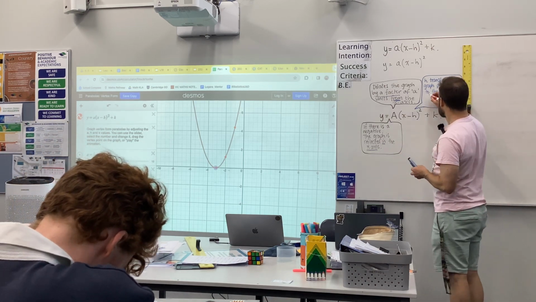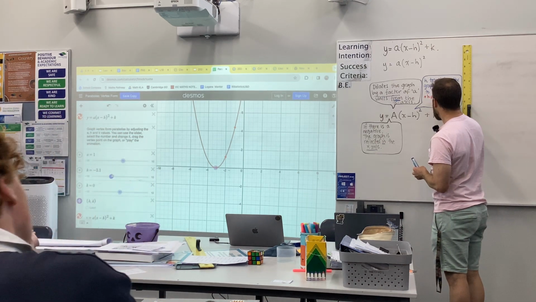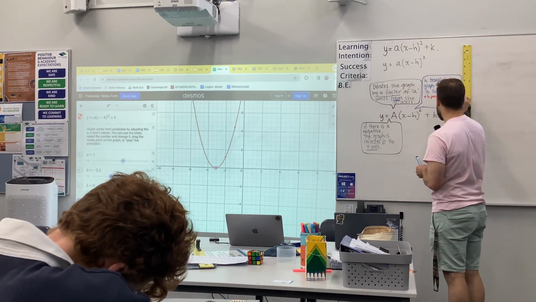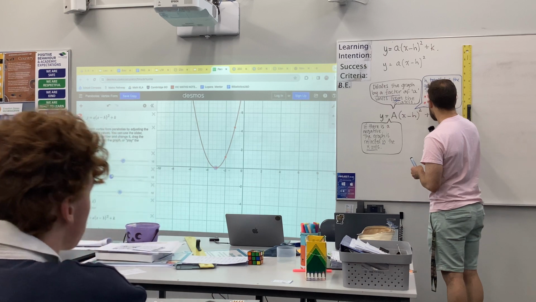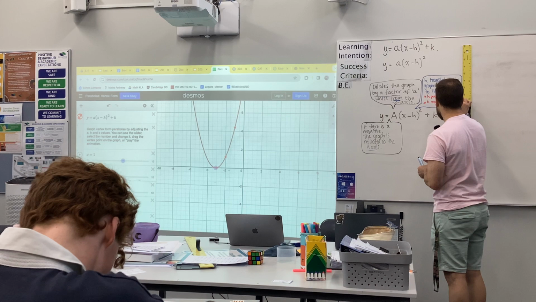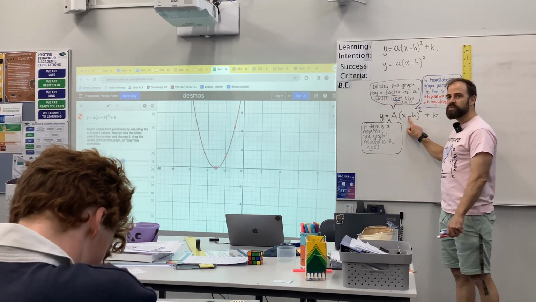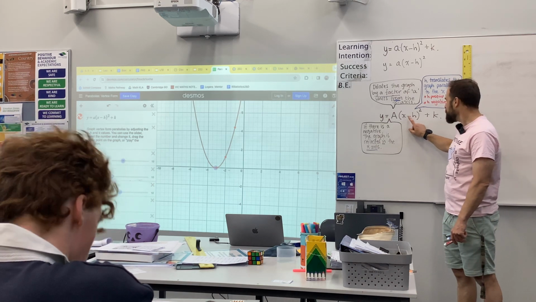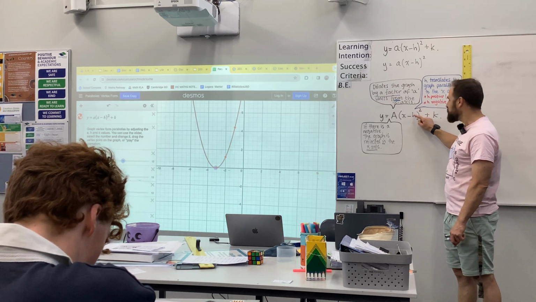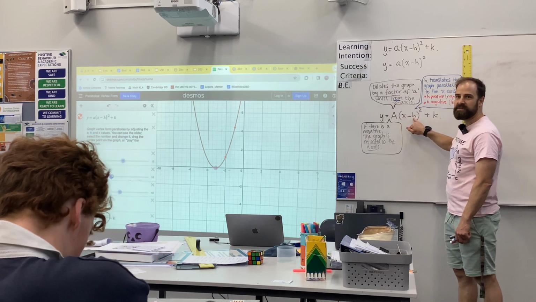If h is positive, which way did it go? To the right. If h was negative, which way did it go? It absolutely does go to the left. But note, that is only when the rule, our formula, has a negative sign here. So if h is positive, for example if h was 5, the equation actually says x minus 5.